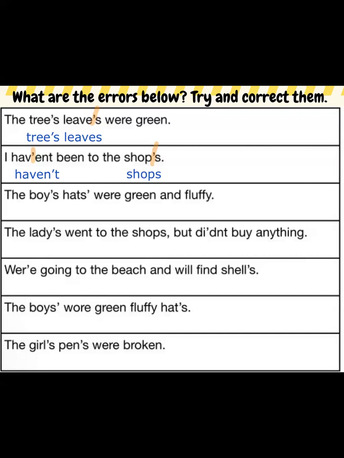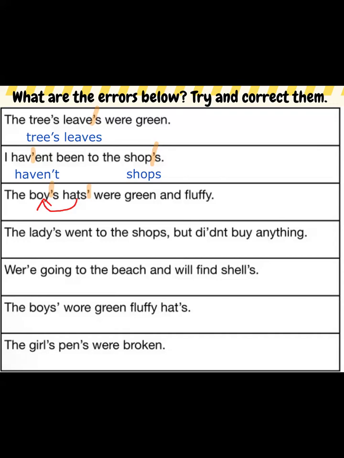Then the boys' hats were green and fluffy. Now, I've got two apostrophes. I've got an apostrophe here in the word boys, an apostrophe after the S in the word hats. Now, what this sentence is trying to say is that the hats belong to the boy, okay? And it belongs to one boy, okay?